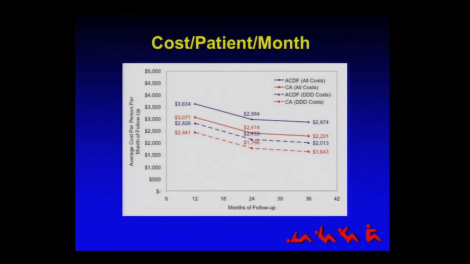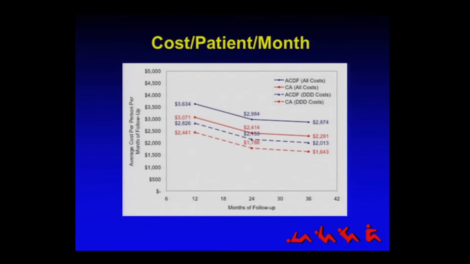And this is a company that took a very long time to decide to approve cervical arthroplasty. And seeing this data evolve may have been one of the factors that convinced them to approve it. This is a way, again, insurance companies look at patient data that we don't, which is cost per patient per month.